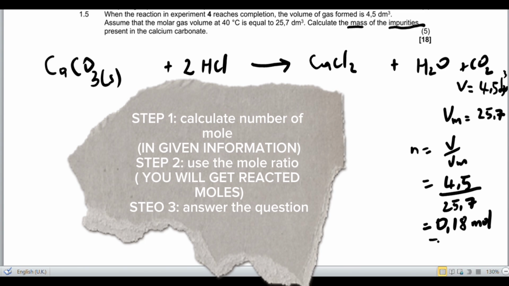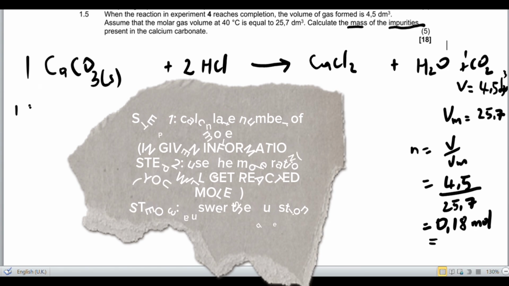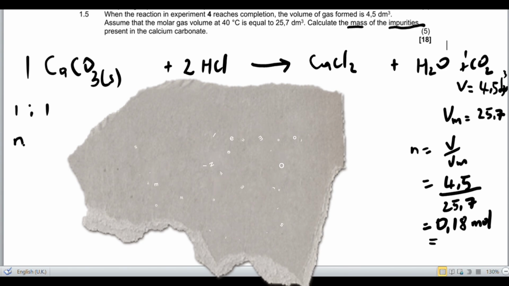Here we have calculated it. Then we use the mole ratio. Second step, we have 1 is to 1 here. So it means when the ratio is 1 is to 1, the numbers of moles are the same.